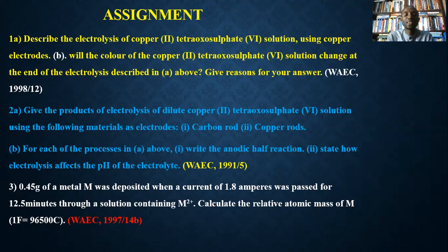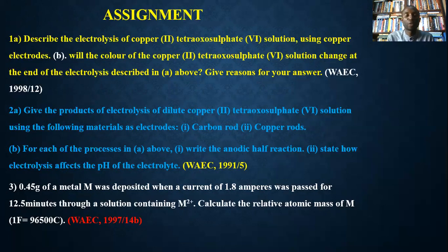Number 2 says give the products of electrolysis of dilute tetraoxosulphate 6 acid using the following materials as electrodes. One is copper rods, another one is carbon rods. What will the product be when you use copper rod and when you use carbon rod?